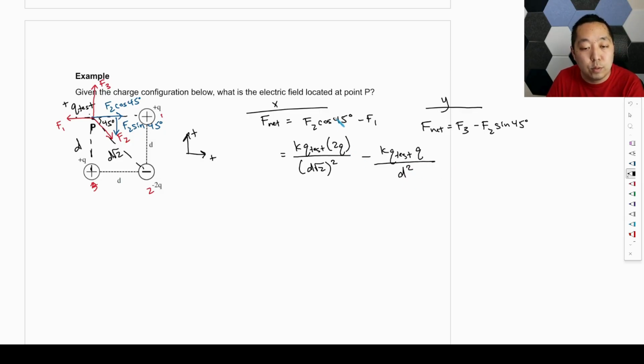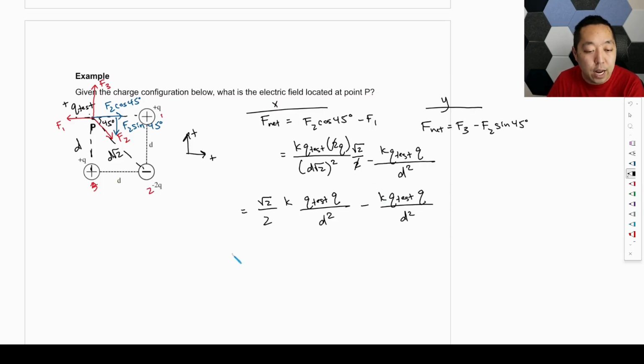And then, oh, this one, with the cosine 45 degrees, we need to put a root 2 over 2, or you can just use the decimal. We forgot the cosine of 45 degrees. So that's the x. When you square it, that'll be 2, and that will cancel with that one. You have square root of 2 over 2, K Q test Q over D squared, and then minus K Q test Q over D squared.